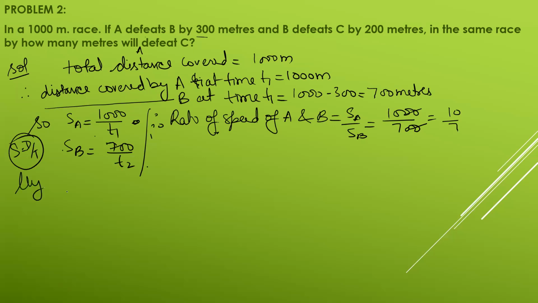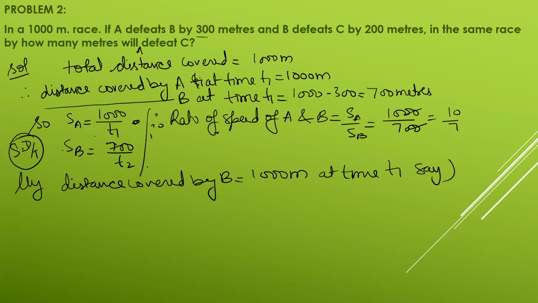Similarly, distance covered by B is equal to 1000 meters at time T1, say, and distance covered by C is equal to 1000 minus 200, which is equal to 800 meters in time T2, say.